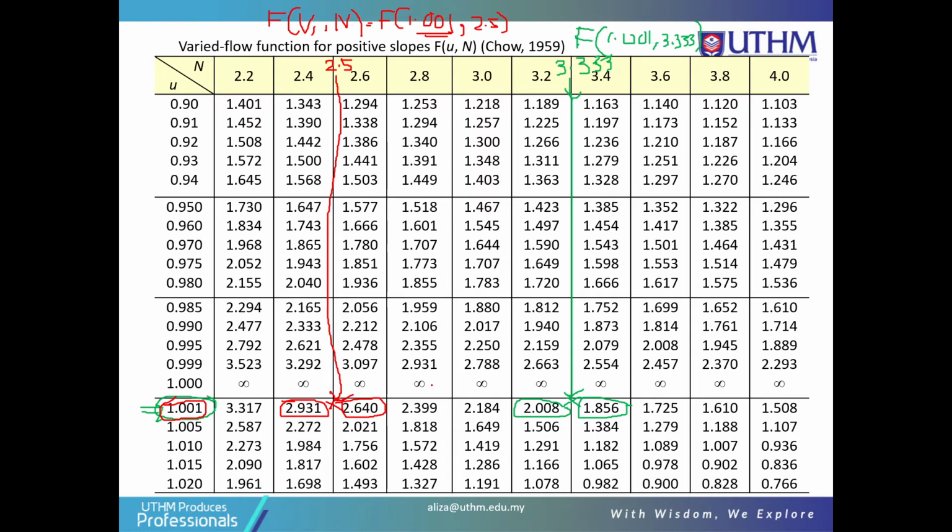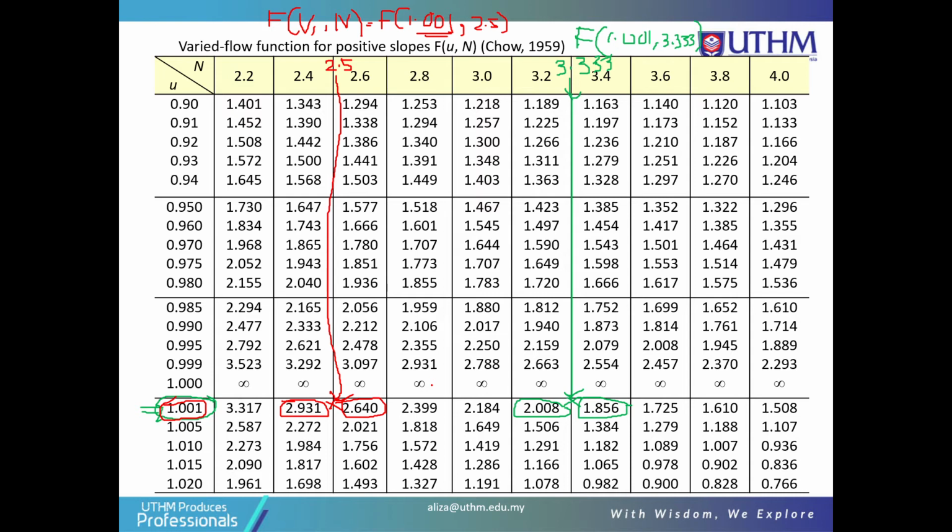So 2.4 we get 2.931, and 2.5 we call x, and 2.6 we get 2.64.